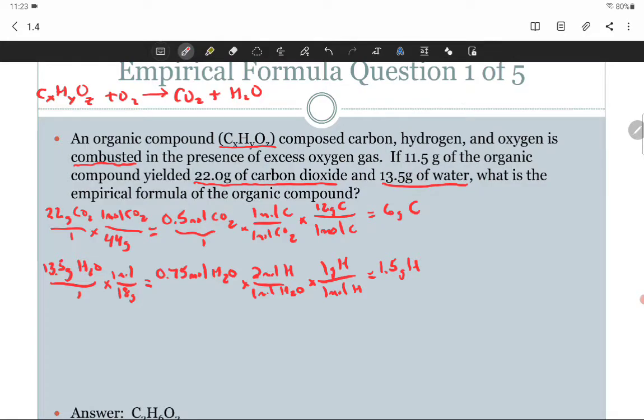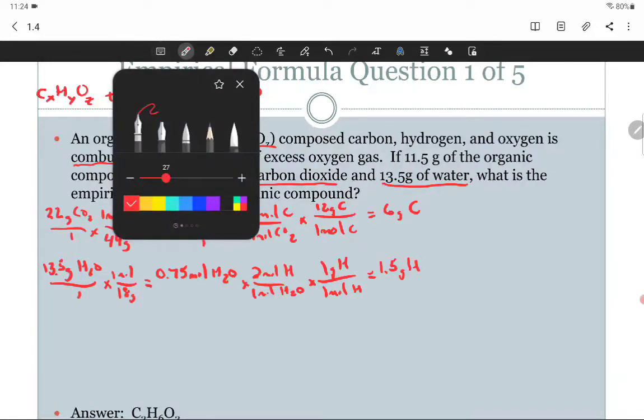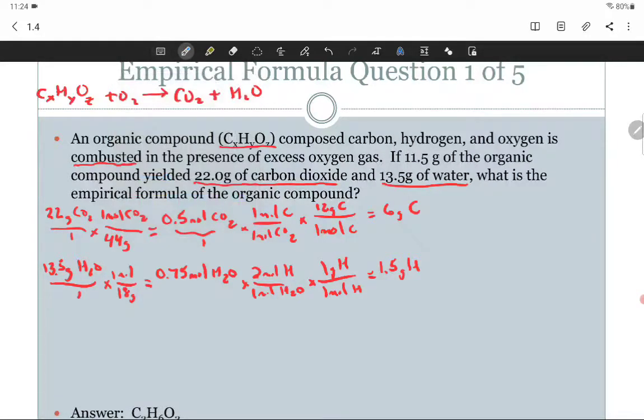So that organic compound, when you burn it, all the grams of carbon come from that organic compound, and all the grams of hydrogen come from that organic compound. But the oxygen comes from, let's change this pen color, it comes from there, but it also comes from there. So we're not able to do the same exact thing to figure out how many grams of oxygen we have.